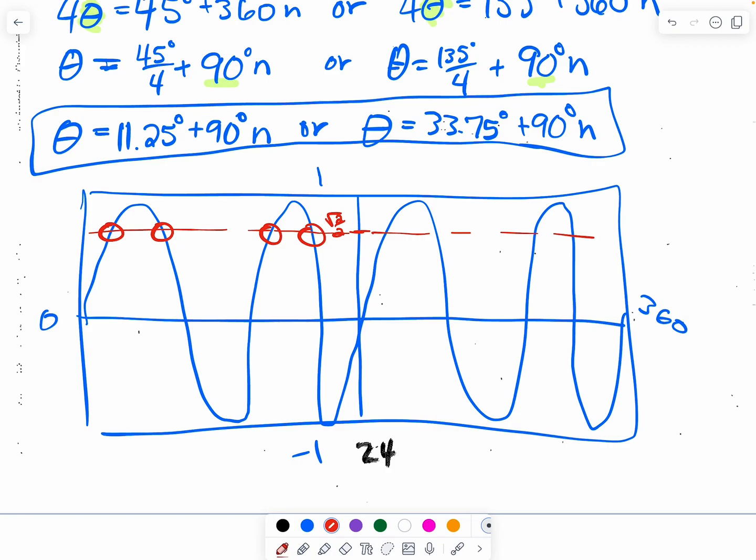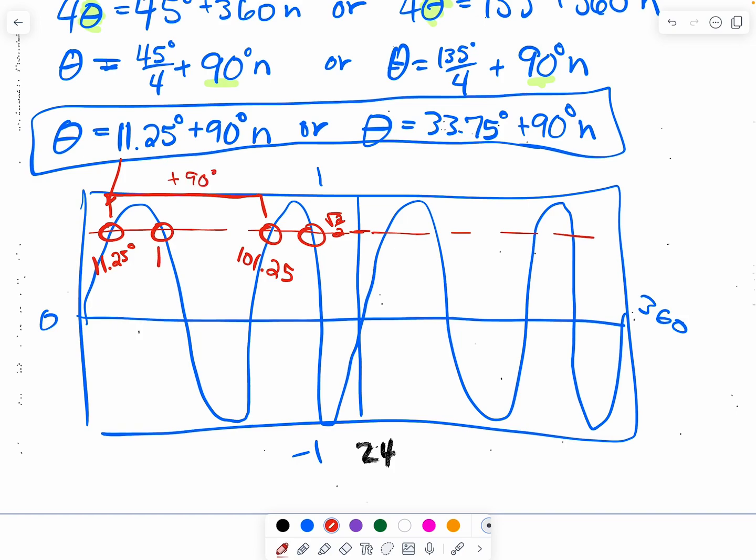Oh wait, I think there might be 8 places. Maybe I didn't finish it. I'm so sorry, I'm not sure. To get you started, this one here is 11.25 degrees, which matches this one, and then 90 degrees later is 101.25.